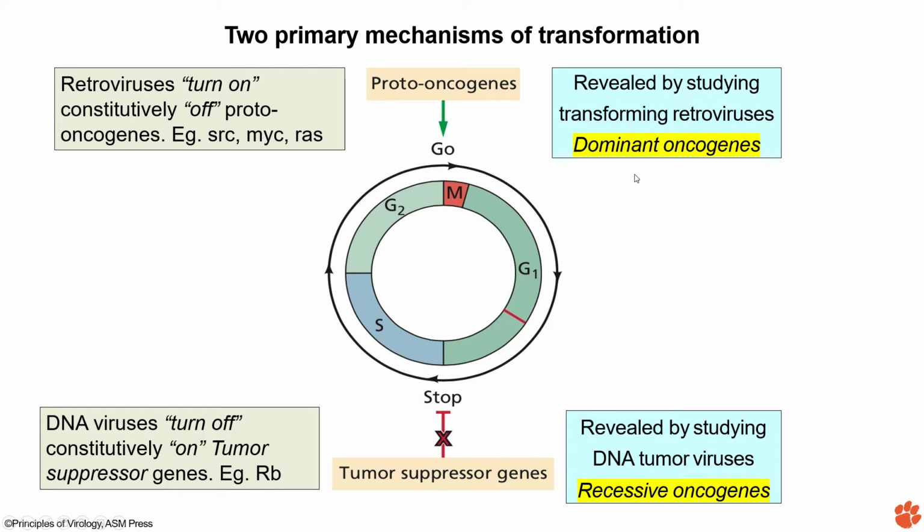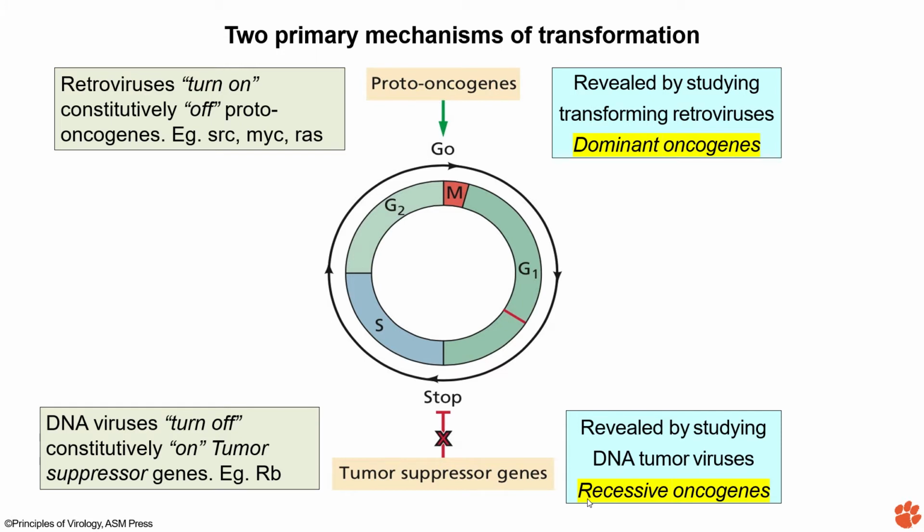Remember that out of the two alleles that you have in your two chromosomes, if just one of them is dominant, you just turn it on and it's going to cause that. But with recessive oncogenes, what is happening is that DNA viruses turn off the tumor suppressor. So that means that both of the alleles need to be turned off.